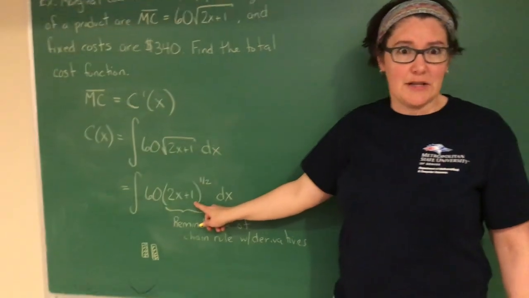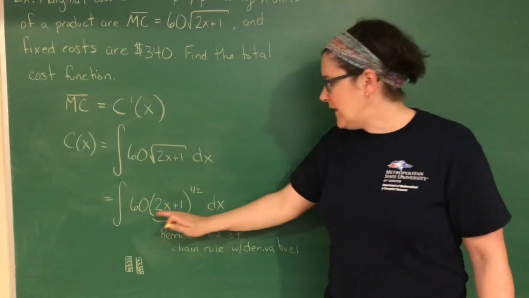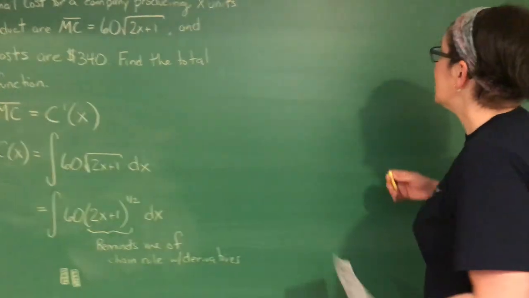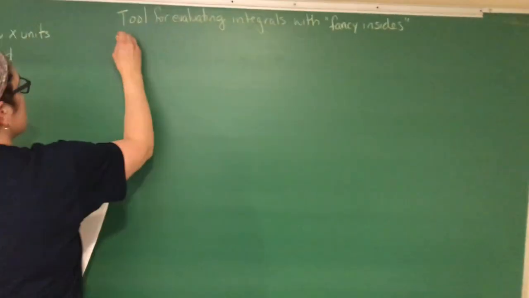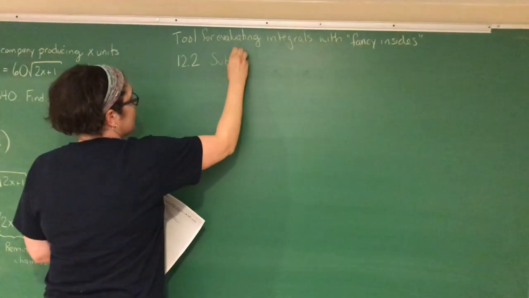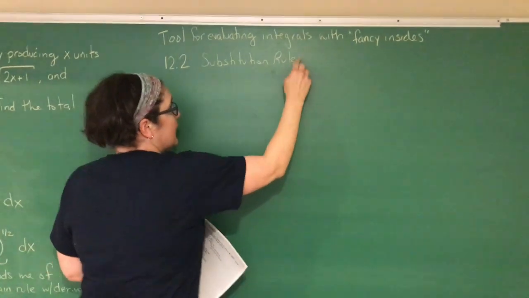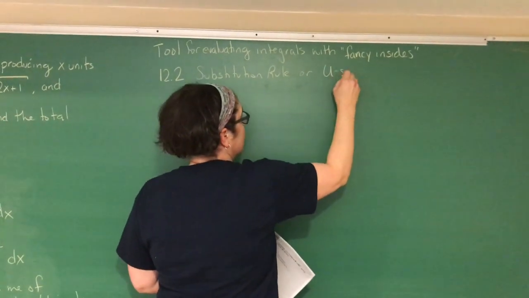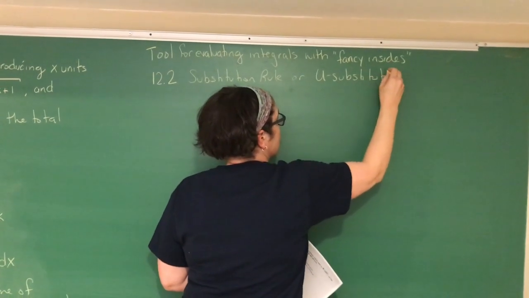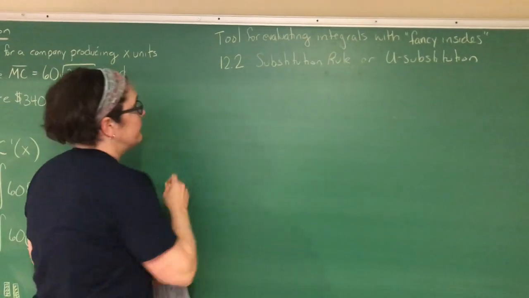The fancy part is the 2x plus 1, and that's inside of the parentheses, and the parentheses are raising this 2x plus 1 to the 1/2. Okay, so that's our technique, and that's what section 12.2 is all about. Our textbook calls this the substitution rule. I like to call it U substitution, or U subs. Okay.